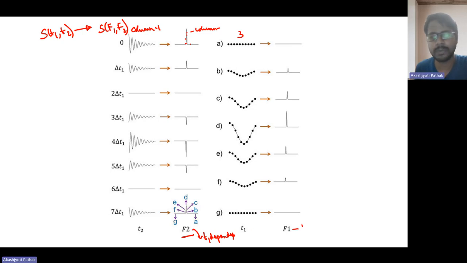This is the T1 dependent time profile, and this is the T2 dependent time profile.